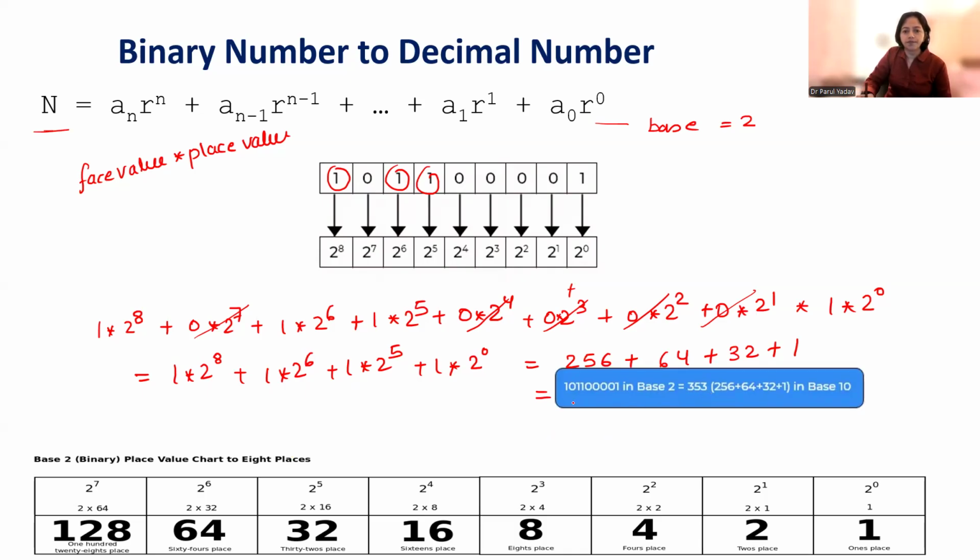So this is a number in base 2 and this is equal to 353. So this is in base 10. Make sense? You'll just take the digit and multiply it with its place value, right? And then you will add up and that will give you the decimal value, right?